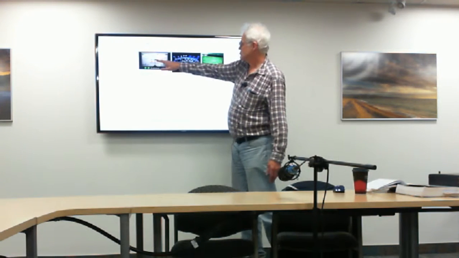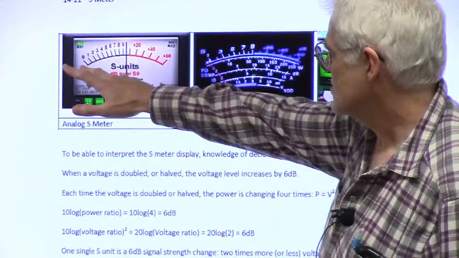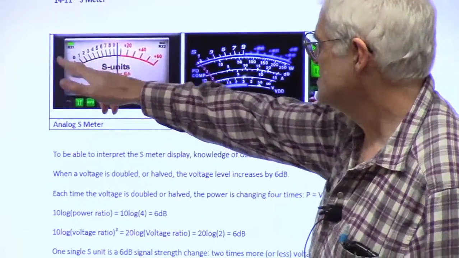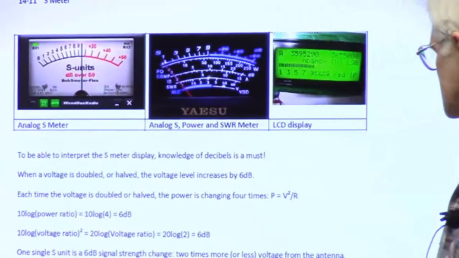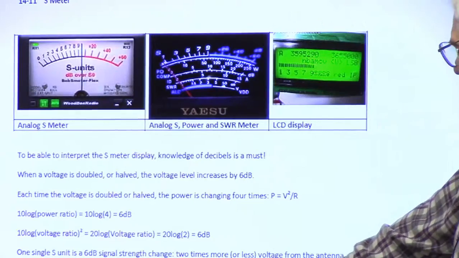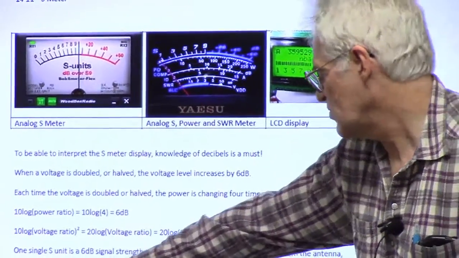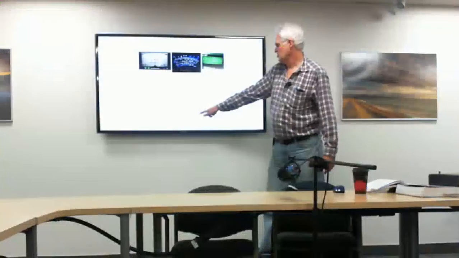Quite often they'll talk about signal units from 0 to 9. For a signal 1, which is low, you're talking about 0.2 of a microvolt. That's pretty low.